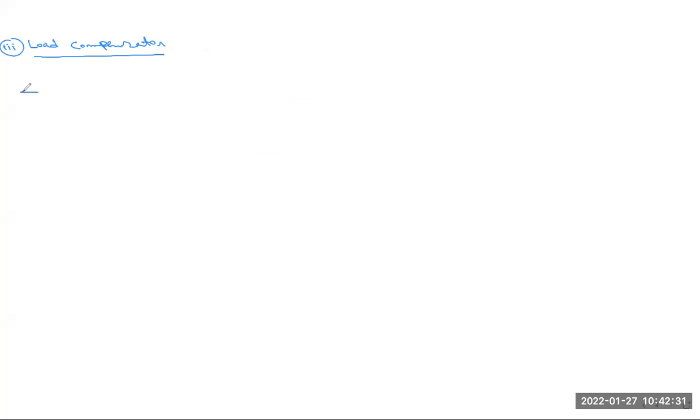This is the same diagram. This is the input, first summing point, then another summing point, then another summing point, then the process or plant we have to draw. This is the output of the system.